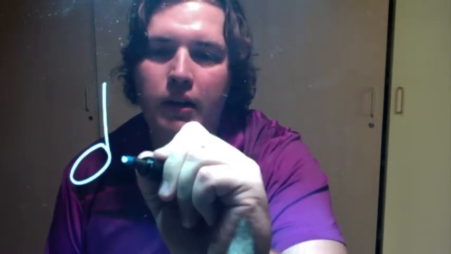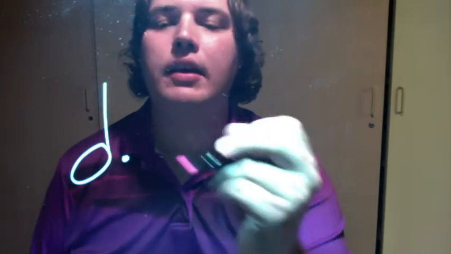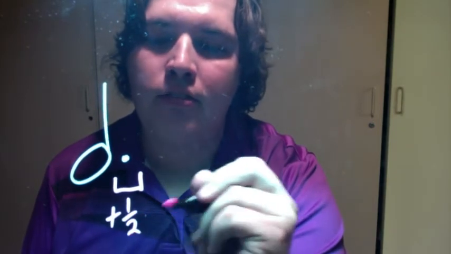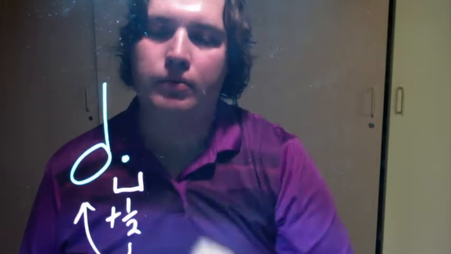And what I really love to drive home is the fact that the dot changes the value of whatever note it is on. Okay, so this dot right here means that we are going to add 1/2 of the note value.